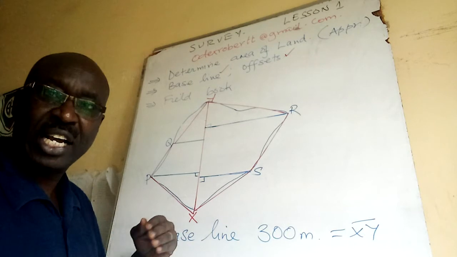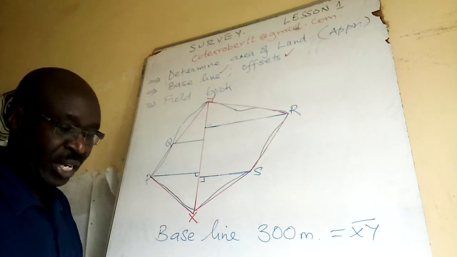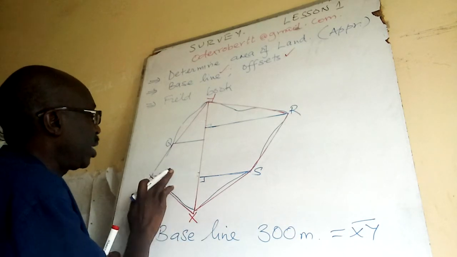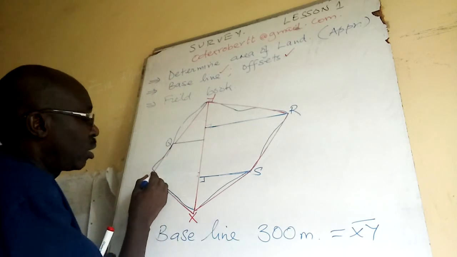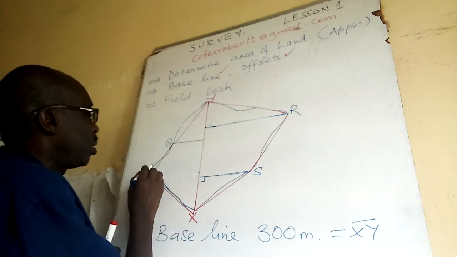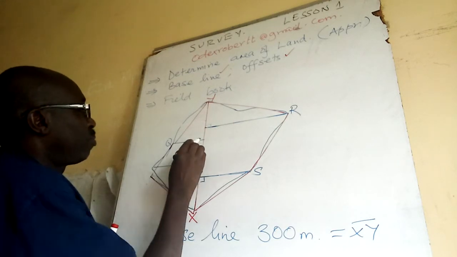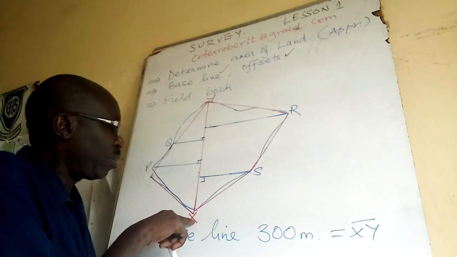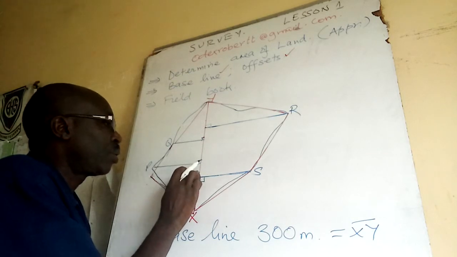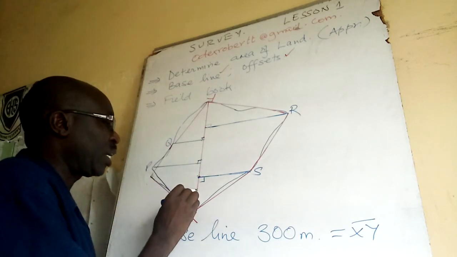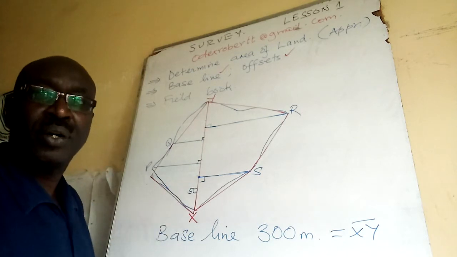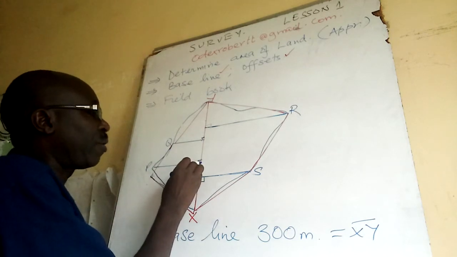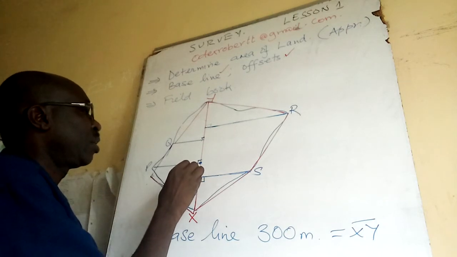Now you have to get these segments. How far are they? Let me do an exaggeration here to make my line somewhere here. What distance is it from X to this point? Let us say it is 50. Then from here up to the second point, let us say it is 30.